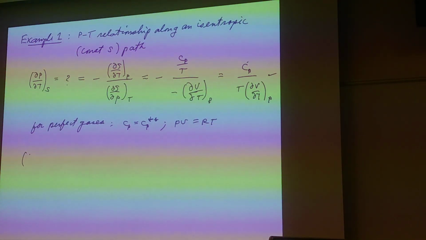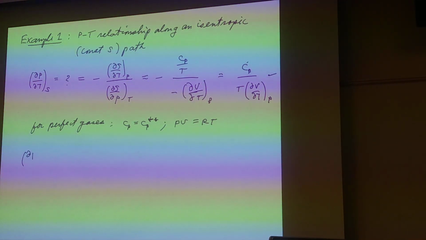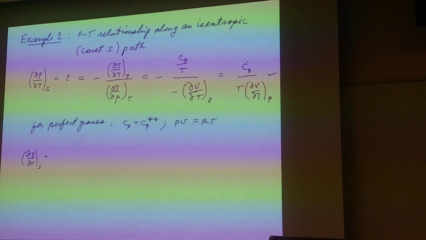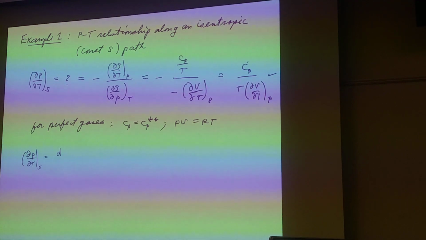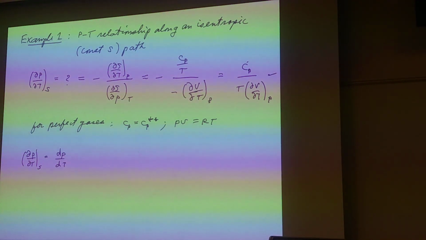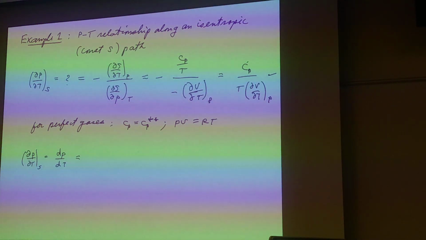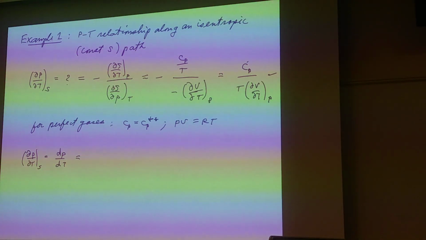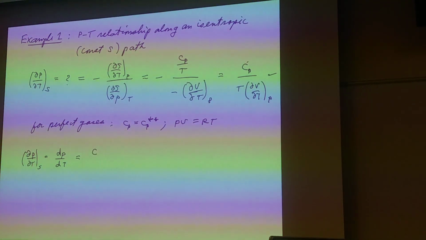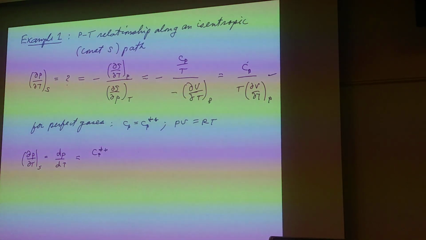So we can look at what our coefficient is, dP/dT at constant S. And as long as I'm in a constant S environment, I'll write that as dP/dT is equal to, just evaluating these, Cp double star up here.